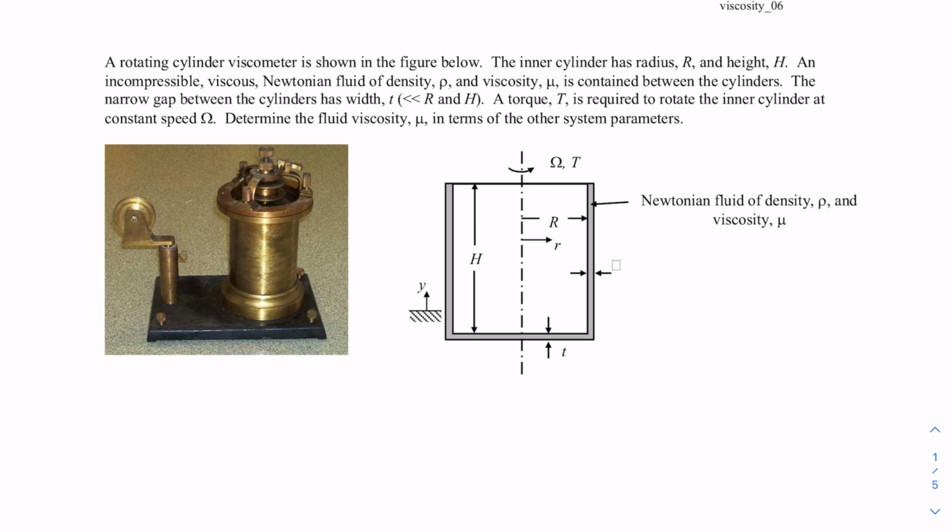So if you look closely, the fluid is in contact with this inner cylinder along its circumference, which is here, and along the bottom circular area, which is shown by the green line here.